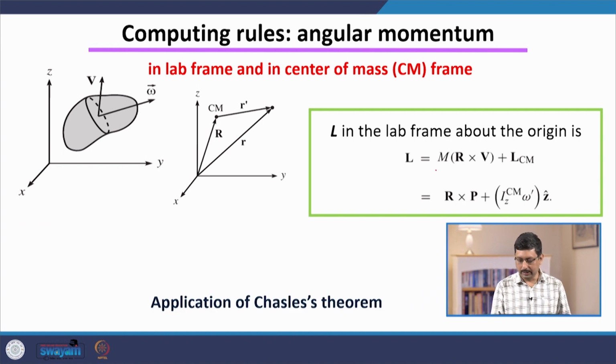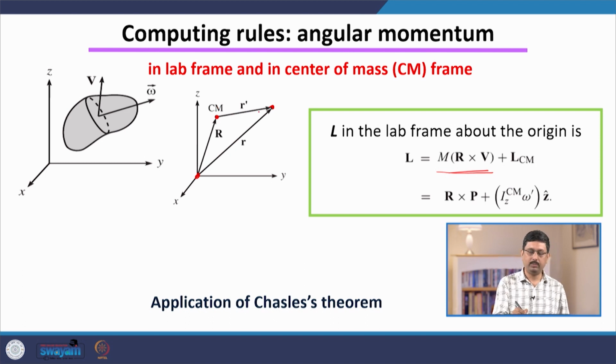So, in equation, the angular momentum in the lab frame will have these two pieces. Let us say this is our origin in the lab frame, and this is some point inside the body, for example a point mass, in the lab frame.